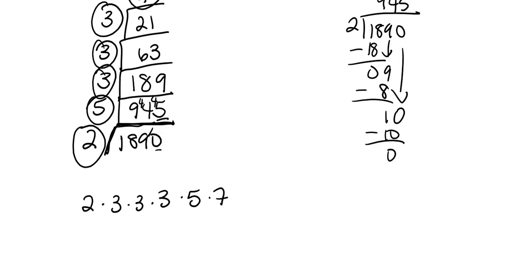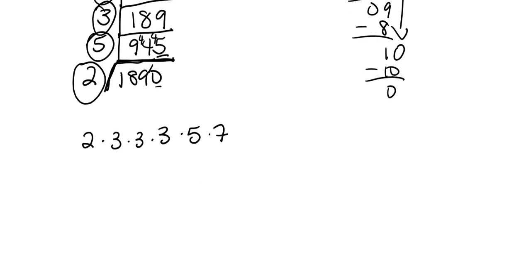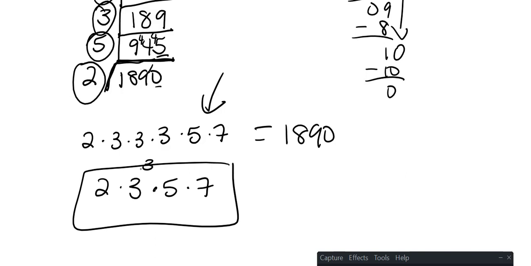We'll just go in increasing order. So we have 3 3s, and this all multiplied together is equal to 1,890. But this is the prime factorization, which can be shortened to 2 times 3 to the third power times 5 times 7. So we can represent it like this.